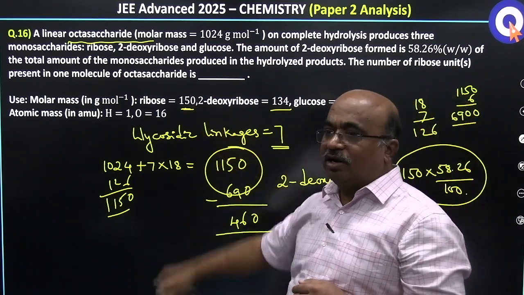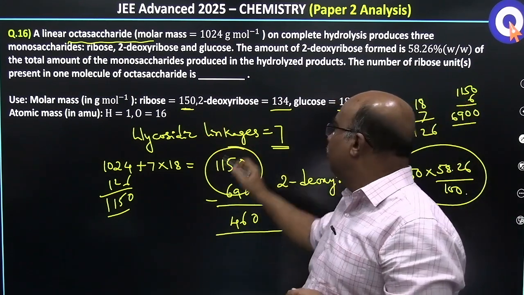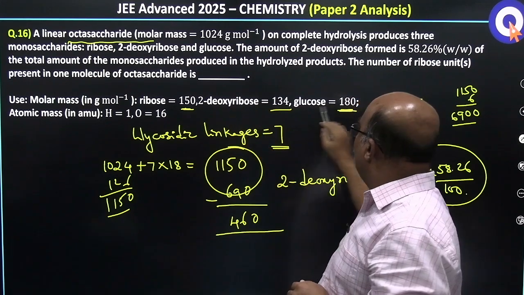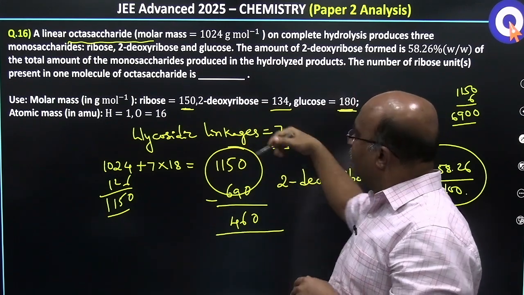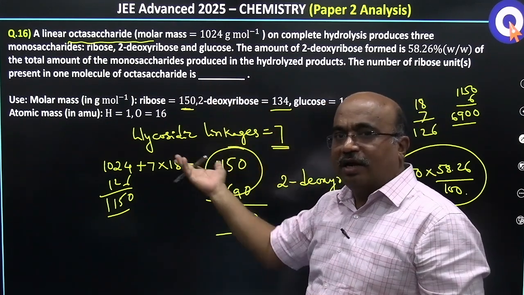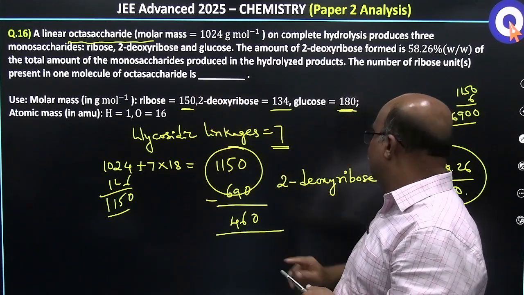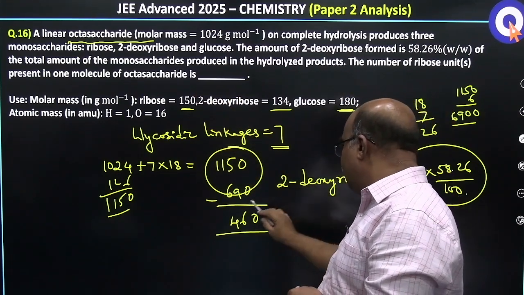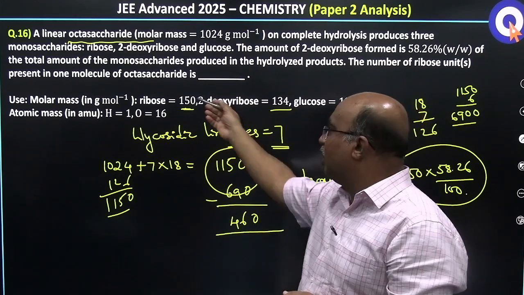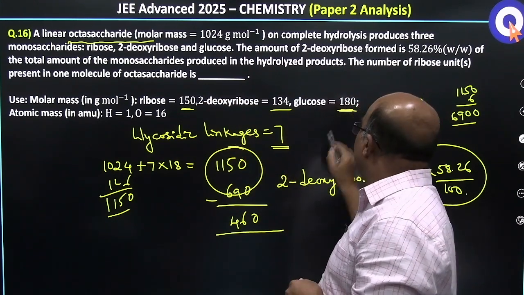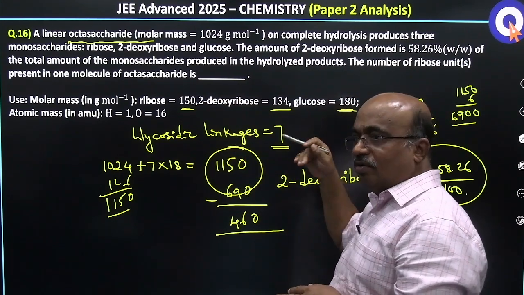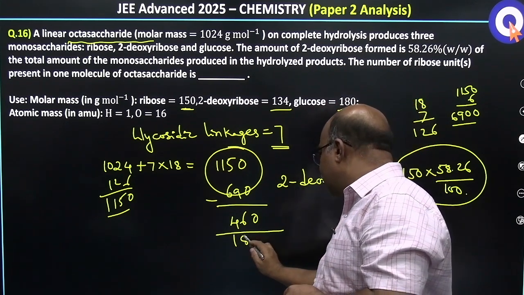Then the ribose molecular mass is already 150. Therefore, the number of glucose units cannot be more; you can't assume that, that's why you are assuming the glucose units. So what is left out is only 100, and that cannot be your ribose unit mass. So the glucose units should not be more than 1, and that will be subtracted from this.